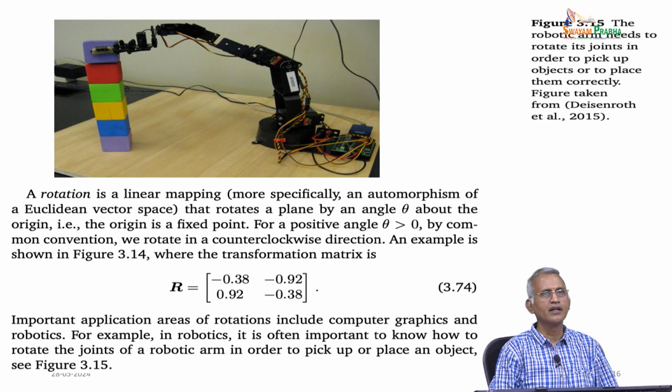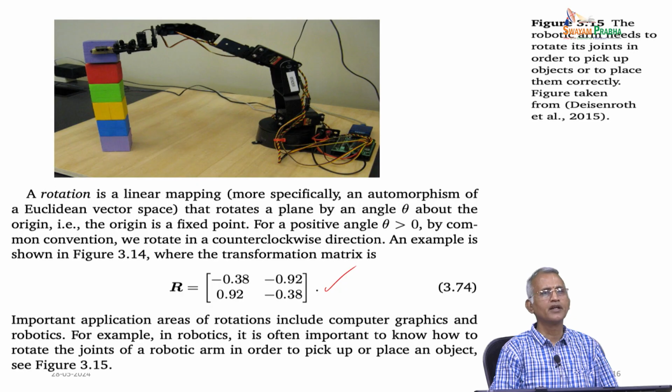So, we rotate in a counterclockwise direction, an example shown in the figure where the transformation matrix is minus 0.38, minus 0.92, 0.92, minus 0.38.